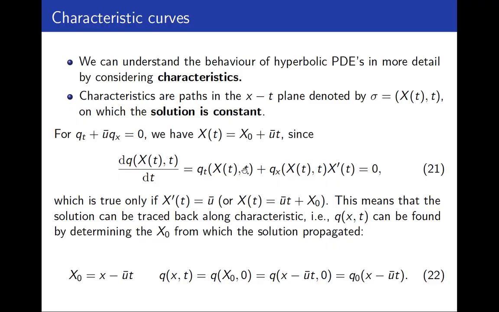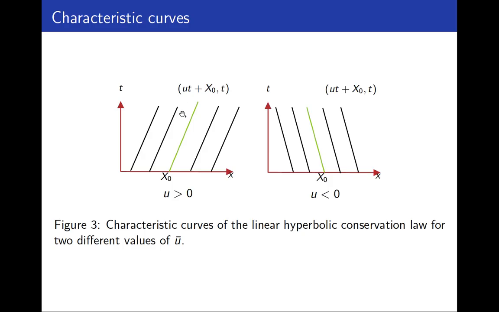The relevance of these curves is that the solution Q is constant along these characteristics. This is relevant because these characteristics tell us that the solution propagates along these straight lines. So for instance, we might have some Q value here, and the Q values propagate along these characteristics, and the solution Q is constant along each curve.